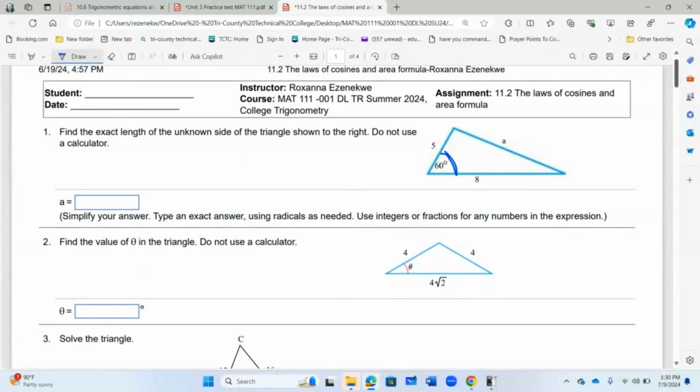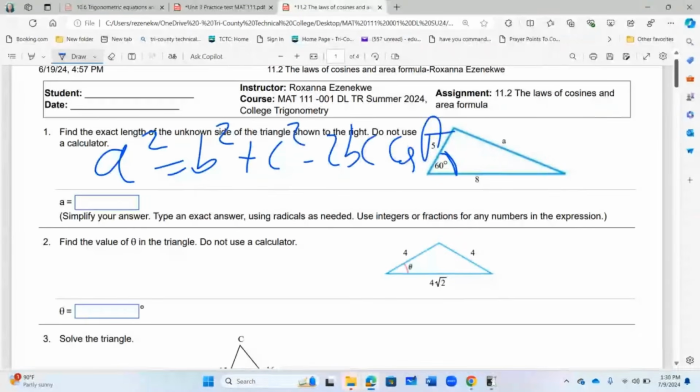Okay, so I'm looking for side A. So A squared is equal to B squared plus C squared minus 2BC cosine of A. I call this A because the opposite side is A. I call this B, I call this C. They only told me to find A, so it's not a difficult question.